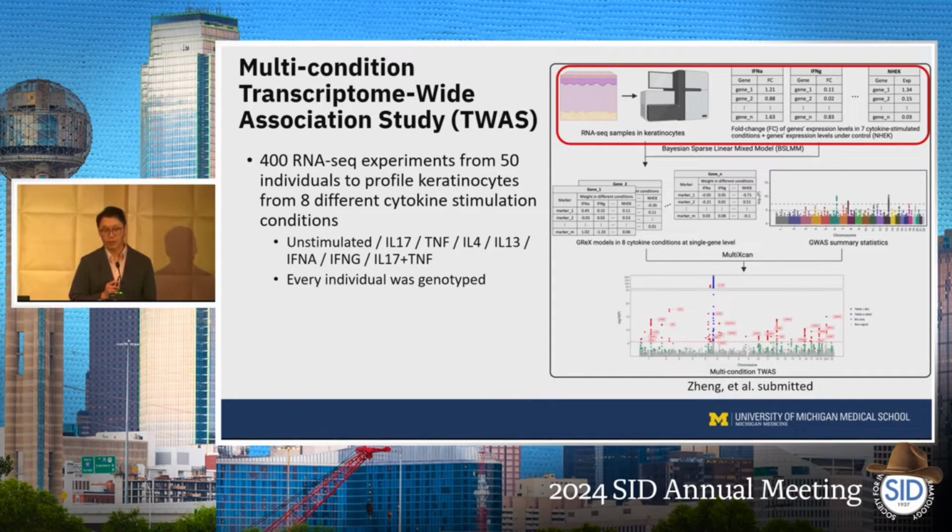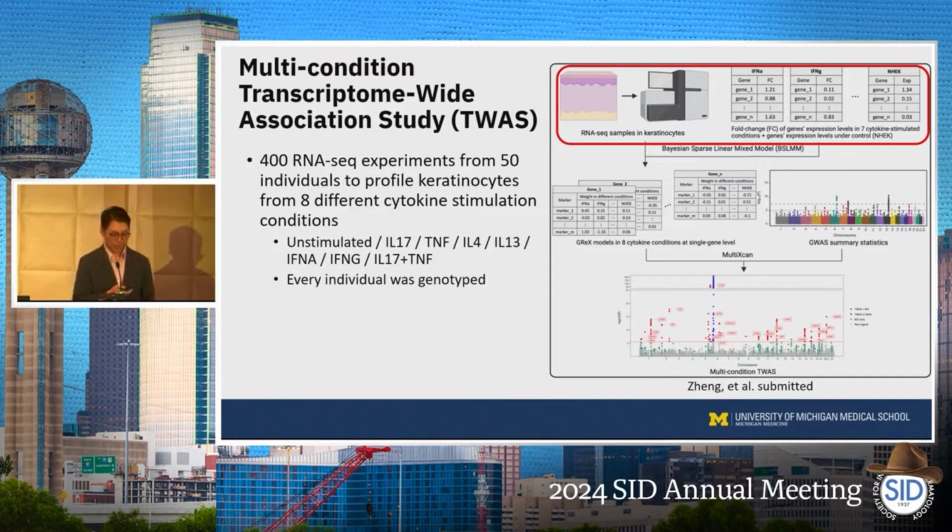We collected keratinocytes from 50 individuals and profiled them using RNA-seq. We genotyped every individual, and for each of those keratinocytes, we stimulated them with different cytokines. We have 8 different conditions here.